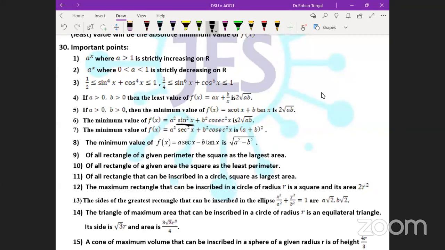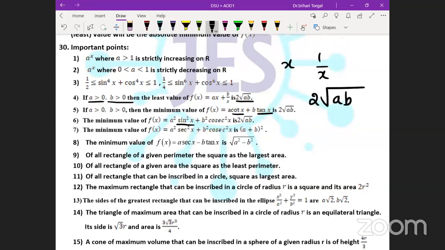See here, if A and B are greater than 0, this will be root AB. If you have the variable in reciprocal, like cot x whose reciprocal is tan x, right? In that case, you have to remember that the answer is 2 root AB. 2 root AB is the minimum value.